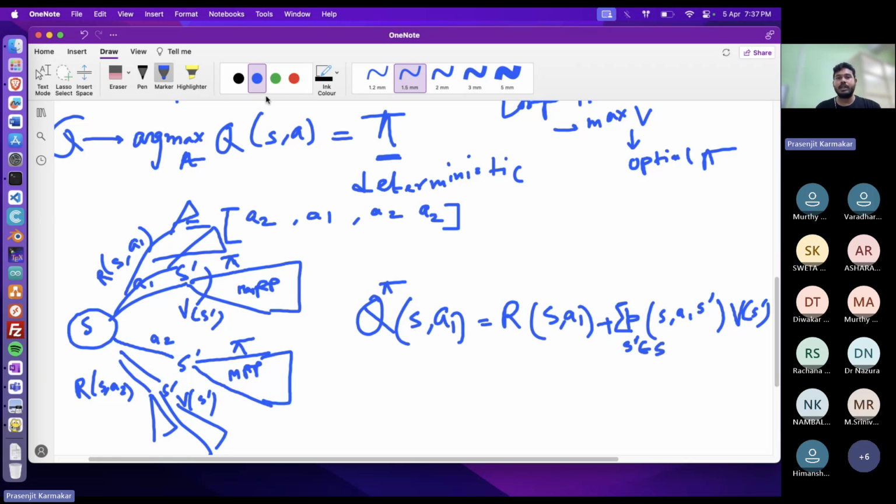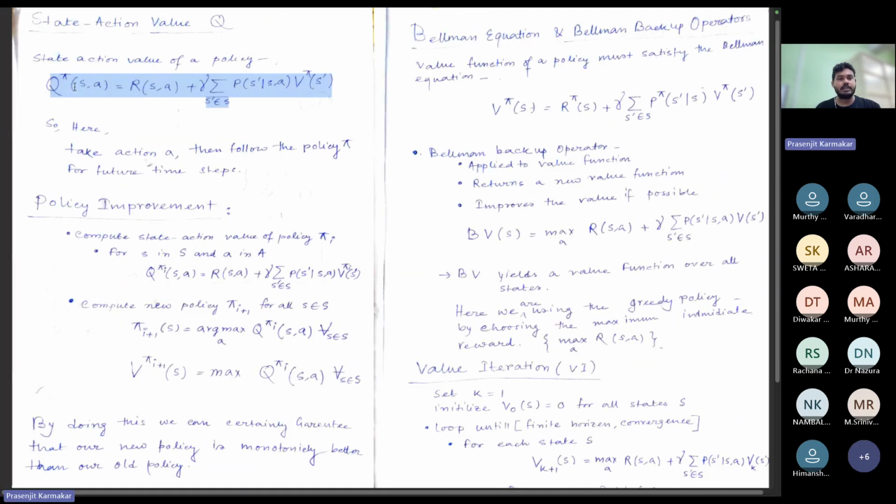And just to bring in the gamma factor, the next state discount, we multiply it with gamma. That's this equation: QSA is equal to RSA plus gamma times the sum of P of S prime given SA times V of S prime, right?